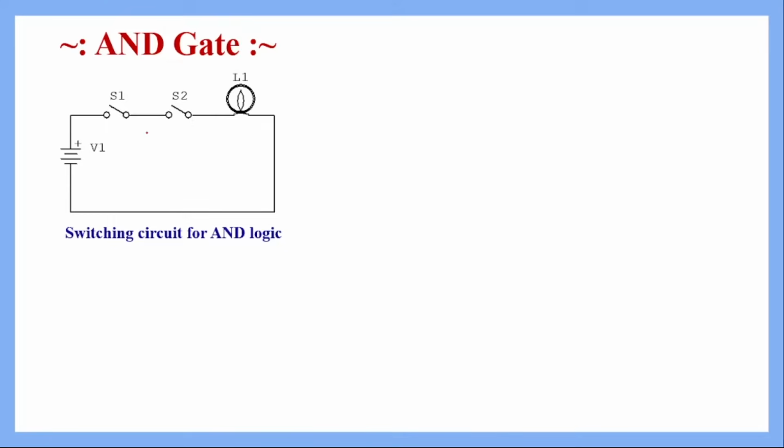Now when both the switches remain open in this circuit, then what will happen? When both the switches remain open, then no current will be flowing through this path or through this bulb, because there is an open circuit. So even though the voltage source is there, the bulb will not glow.